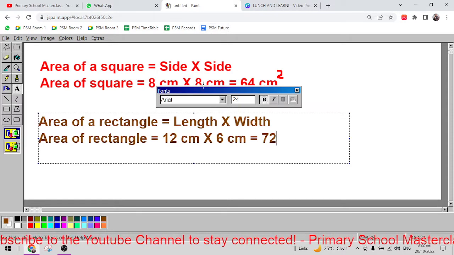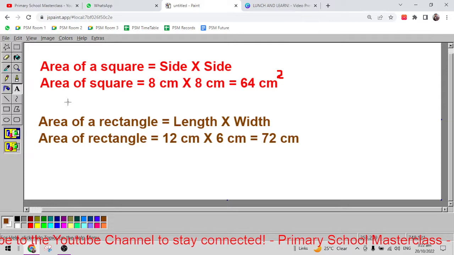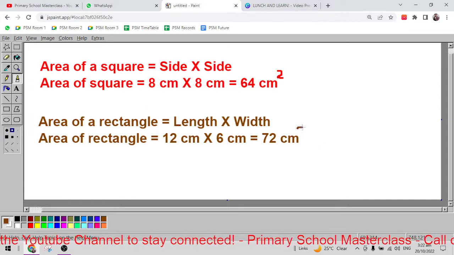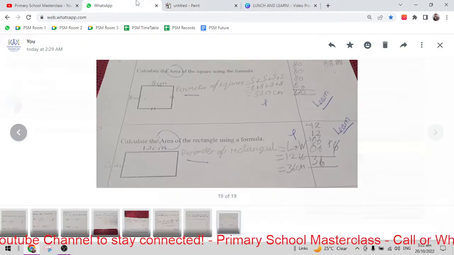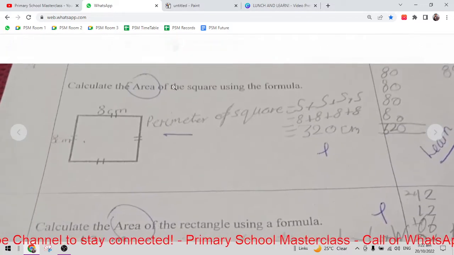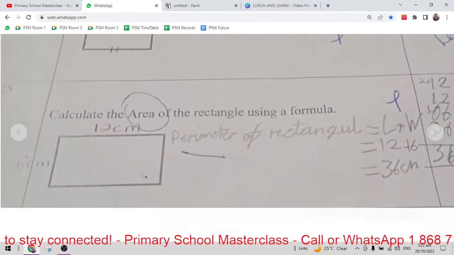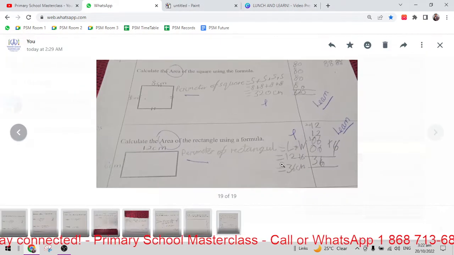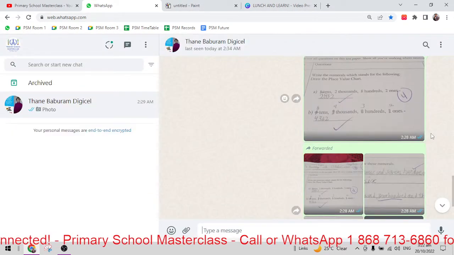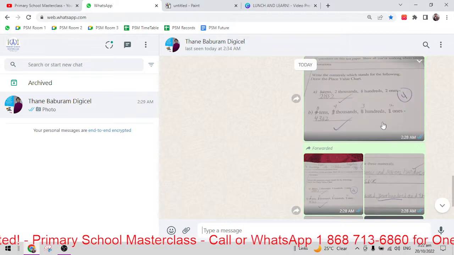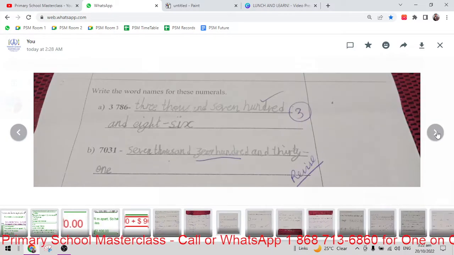And an area answer should always be in square units. So that square is 64 centimeters squared, and that rectangle is 72 centimeters squared. And that's it for the correction for this paper here.